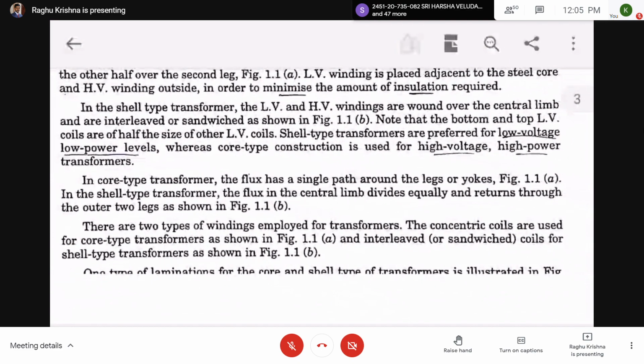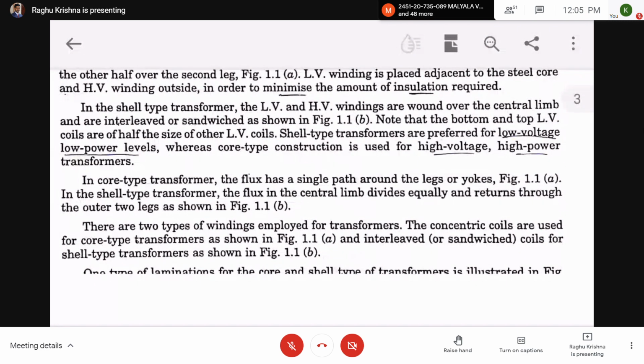In core type transformer, the flux has a single path around the legs or yokes, as shown in figure A. In shell type transformer, the flux in the central limb divides equally and returns through the outer two legs as shown in figure B. Next, there are two types of windings employed for transformer.